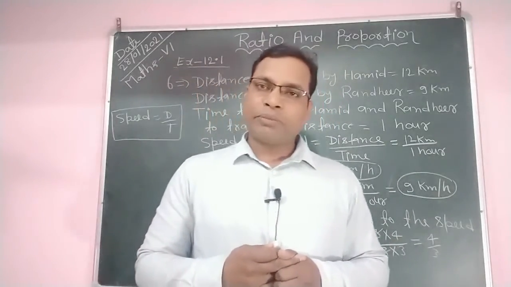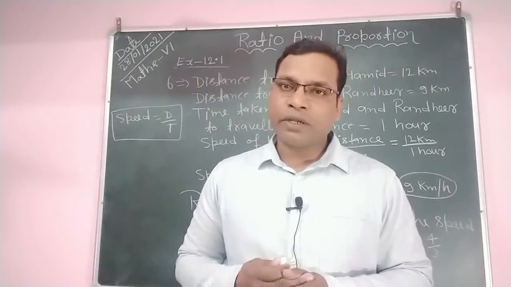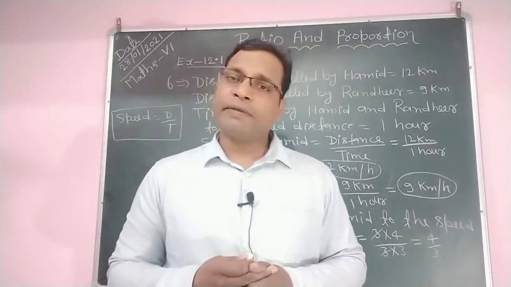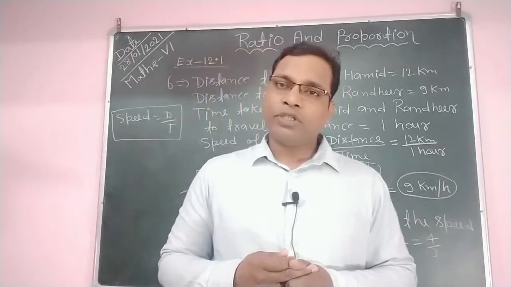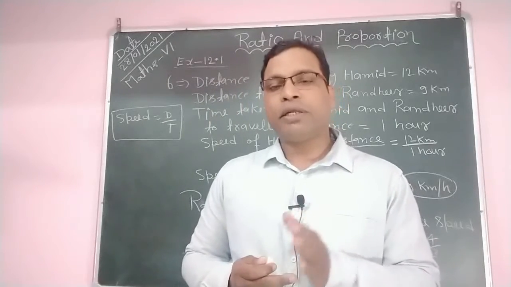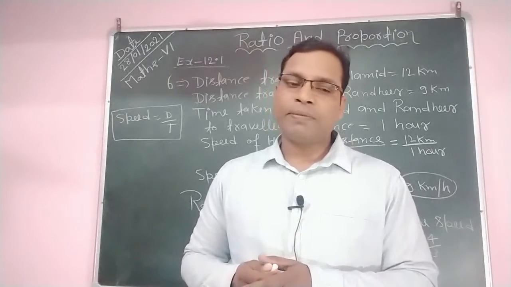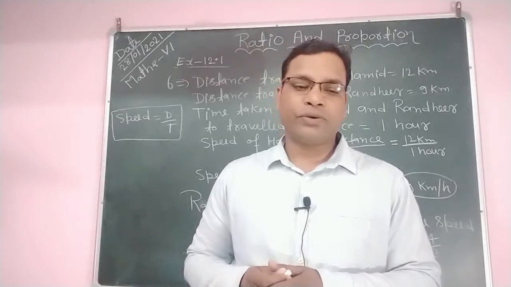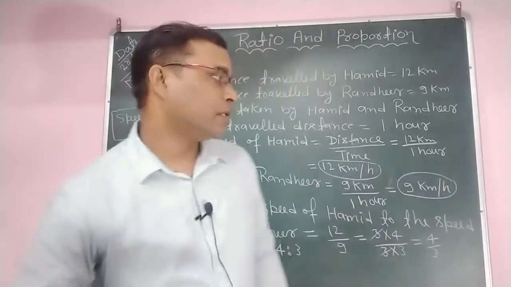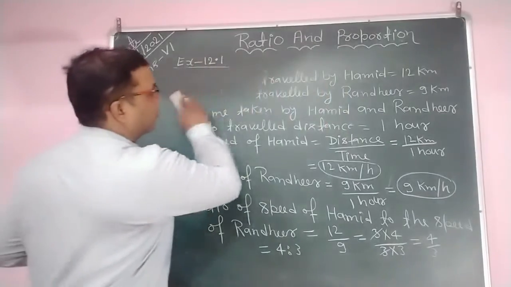If you subtract the number of females from the population of the village, then we get the number of males. After this, we need to find the ratio. If you know the number of males, then we get the ratio of males to females. So let's see how to solve this question.